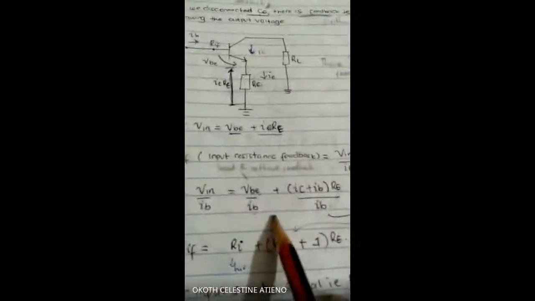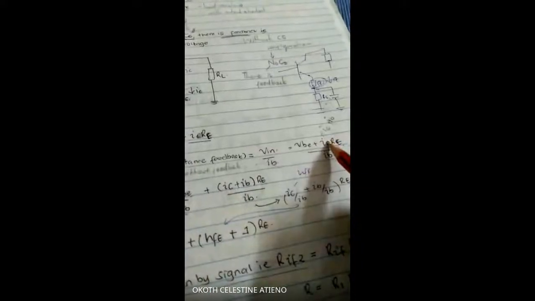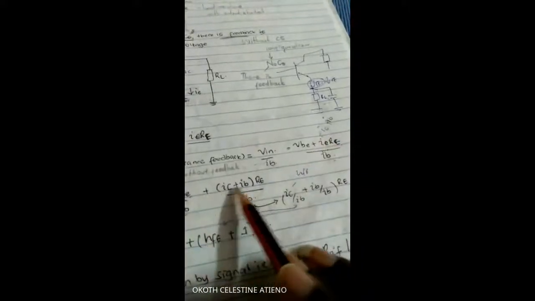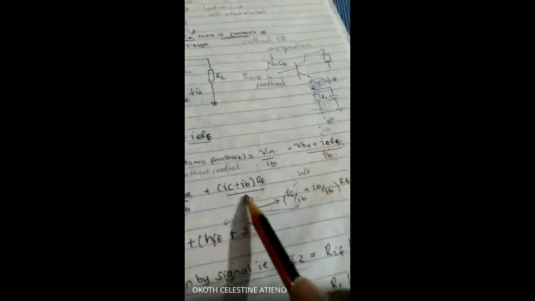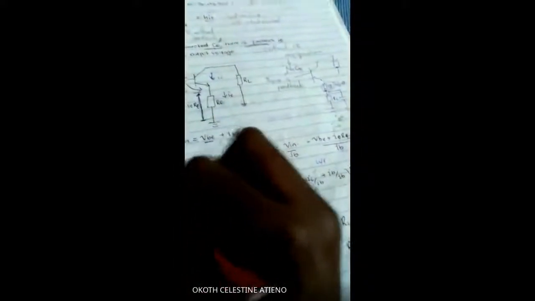So that is what I've said here: VBE over IB, this expression, and then IE is IC plus IB, times RE over IB. This is where you'll end up. Remember again, this is still your RIF.